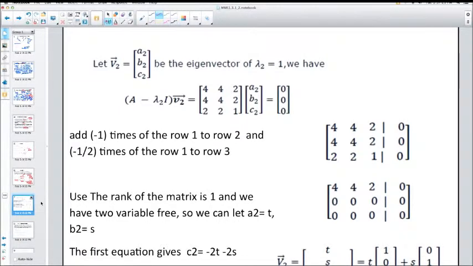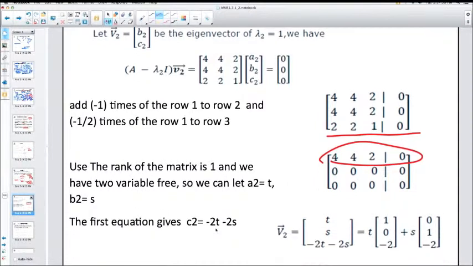That means you only got one equation. Because you see, the first one is the double of the third one, second one is double of the third one. In all this case, I only need one equation. You can select either one, the first or the second, and we follow the same procedure. The rank equal what? 1.